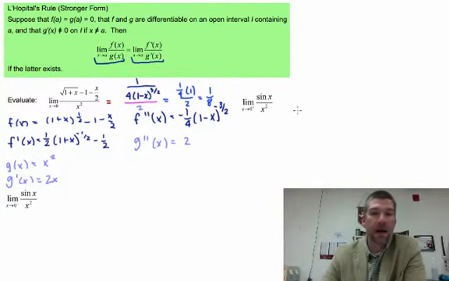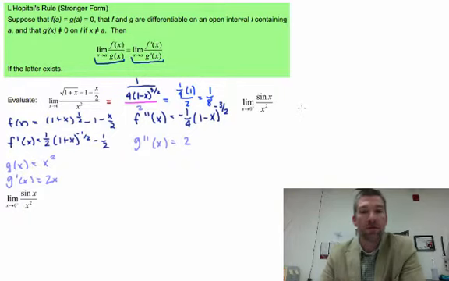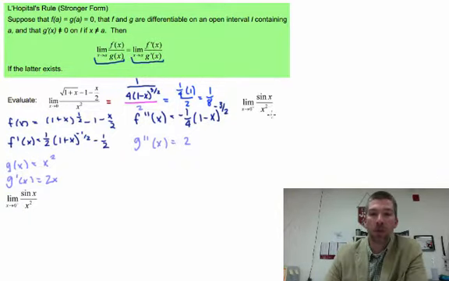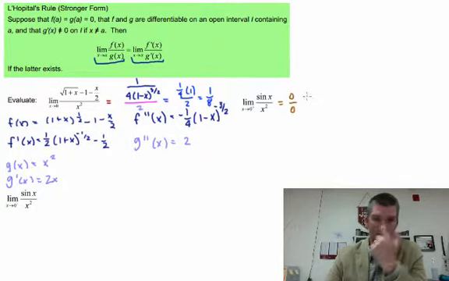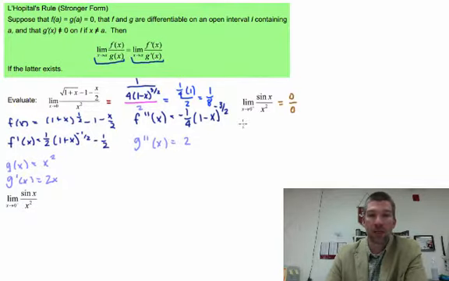Okay, let's look at the limit now as x approaches 0 from the right of sine x over x squared. And when we plug 0 in here, the sine of 0 is 0. The 0 squared is 0, so we've got this indeterminate form. And what that means is we're going to have to take some derivatives. Not a big deal. We're going to set it up so that f of x equals sine x, and g of x is equal to x squared.